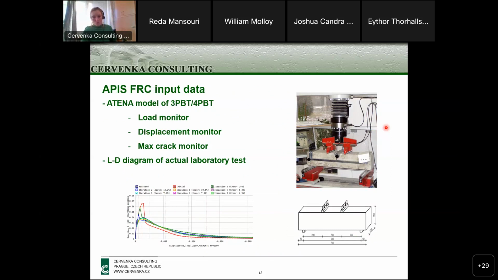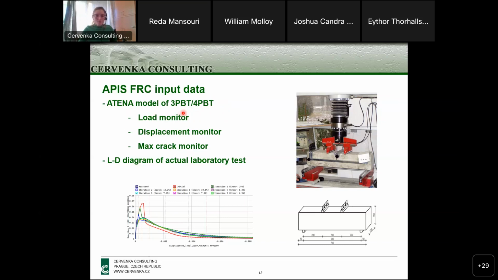So when you want to work with it, you are developing the input data that you need for the optimization of your material model, and you have to have experimental results from 3-point or 4-point bending tests. The input data that you need is, first of all, that you have to prepare the ATENA model in our GiD preprocessor, and then you have to specify the monitors for this model.